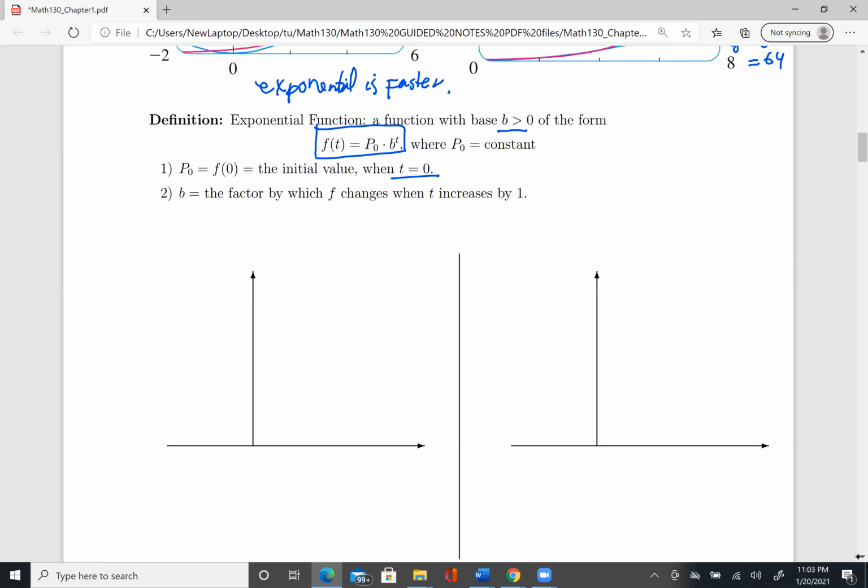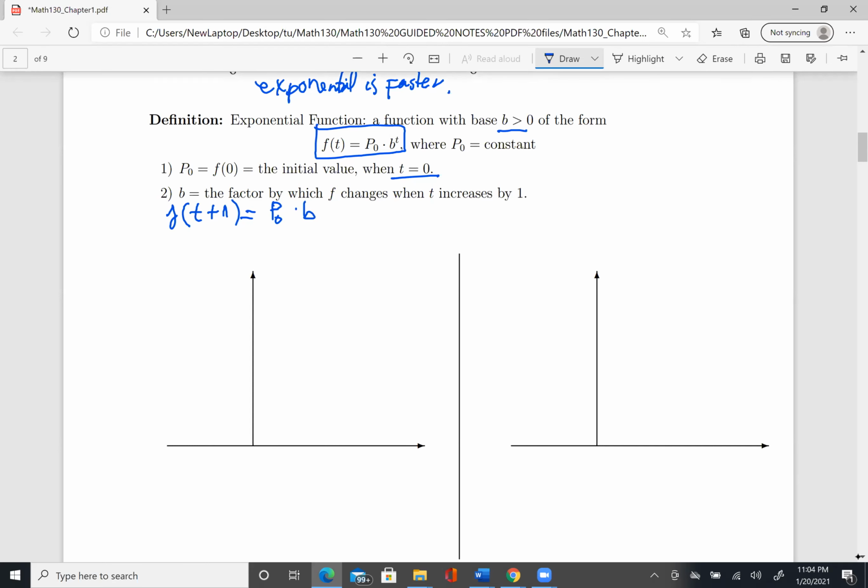What does that mean? Let's say f of t plus 1. I want to find what that is going to be. Let's substitute: I have p naught times b to the power t plus 1.